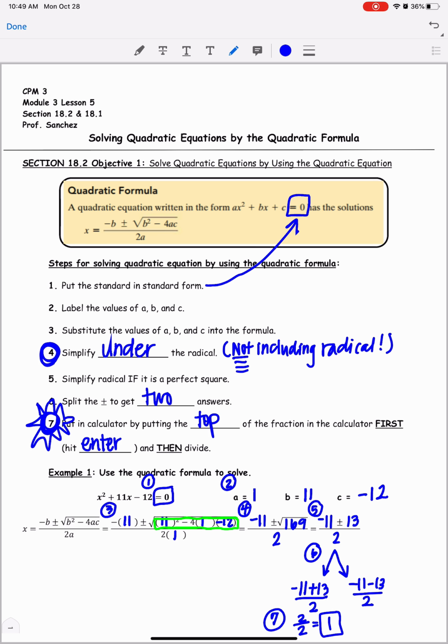Then put in your second one. So in your calculator, you're putting in the top portion. So negative 11 minus 13, you will get negative 24. Keep that negative 24 in your calculator. Just hit divide. You're not hitting clear. You hit divide 2.